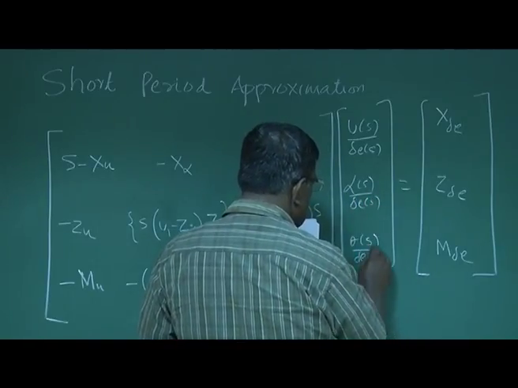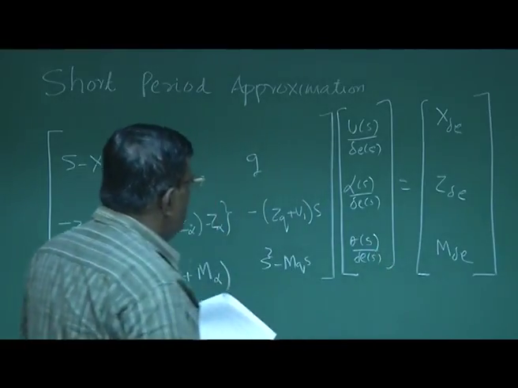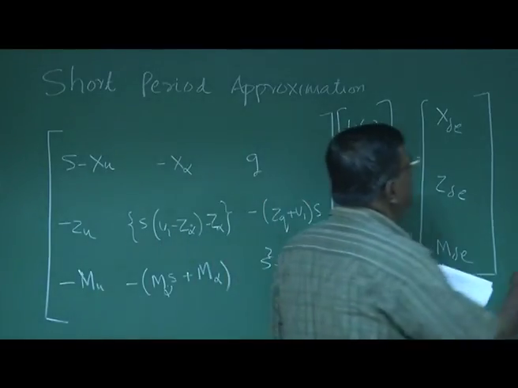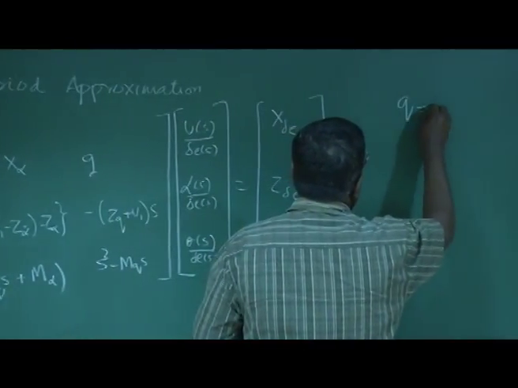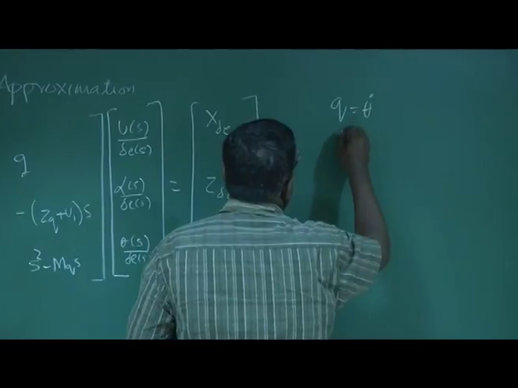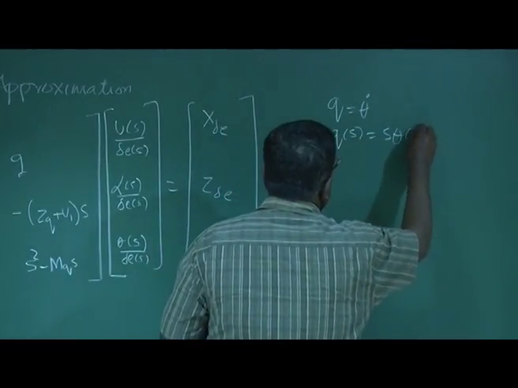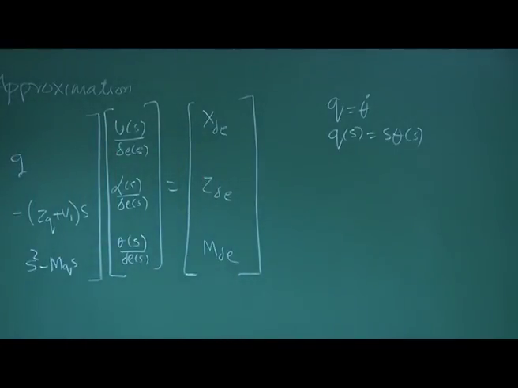You should note that we are not writing q here because we understand that q is equal to theta dot for small perturbation. So q(s) is nothing but s theta(s) that was substituted there. That is fine, that is part of the algebra.